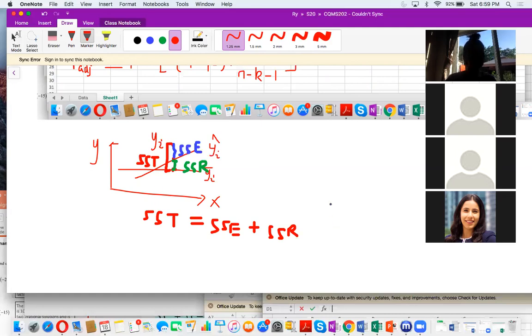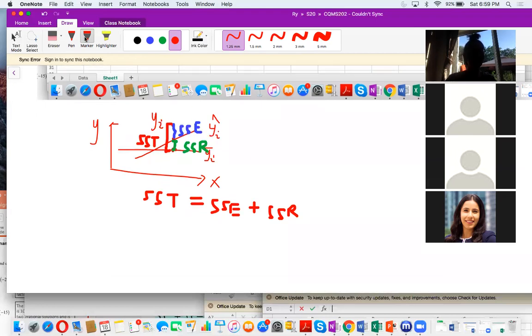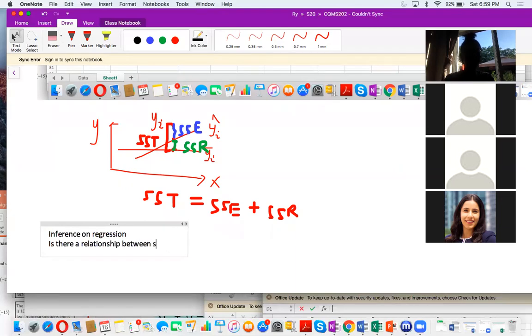Next one is about inference on regression. So we are going to ask the question, is there a relationship between sales and price? Because we have two X's, we have to hold another one constant, holding advertising constant. This is one question.